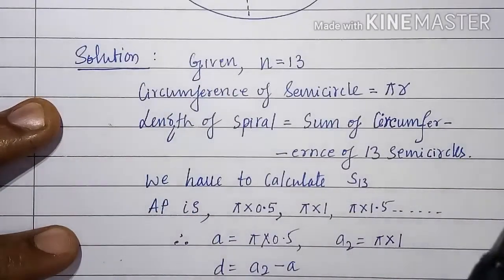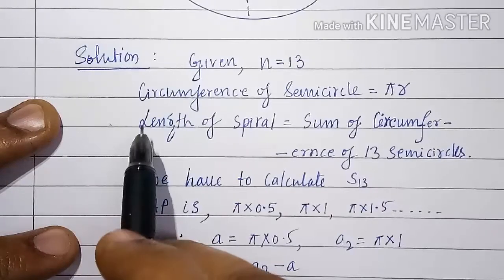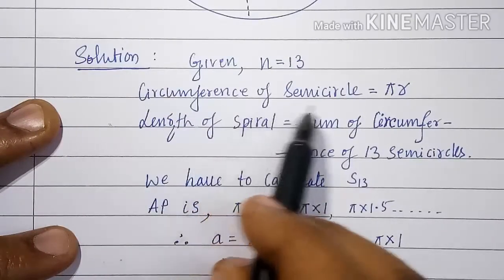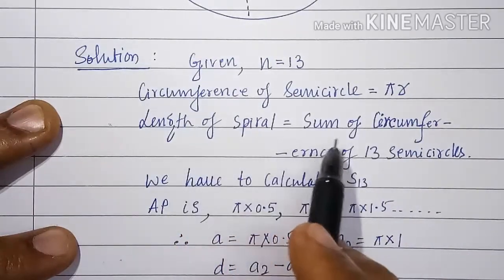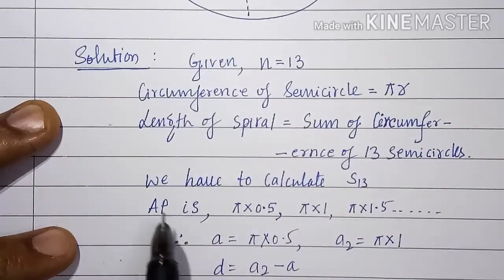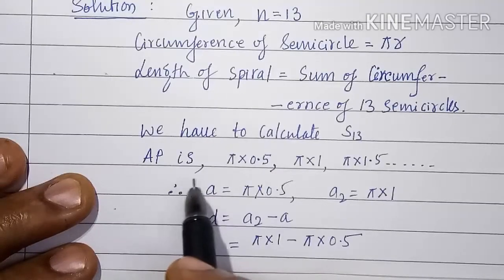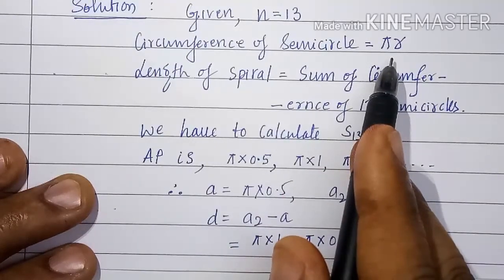Since number of semicircles here is 13, we will take n equal to 13. That means there are 13 numbers in the AP. We know the formula for calculation of circumference of semicircle, that is pi into r. Length of spiral is equal to sum of circumference of 13 semicircles, which means we have to calculate S13. Now the AP consists of circumference of all the 13 semicircles calculated by using pi into r.